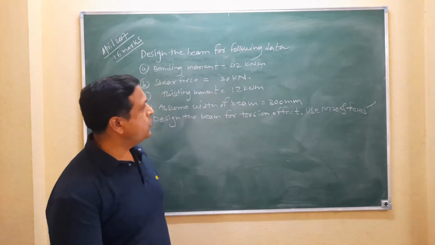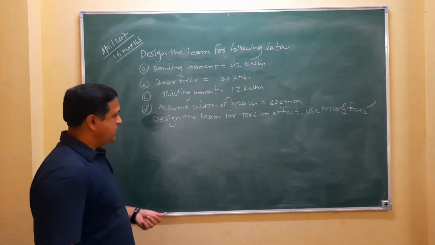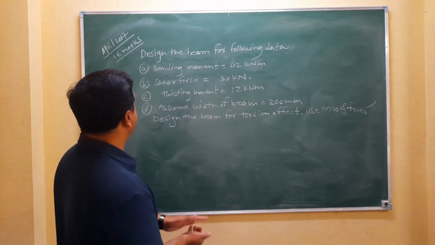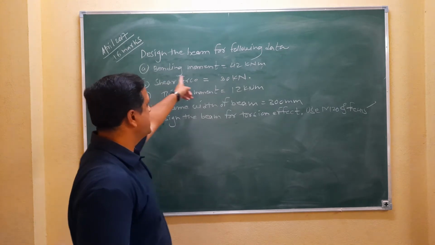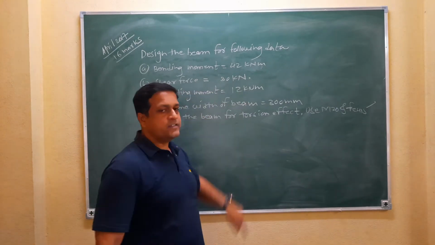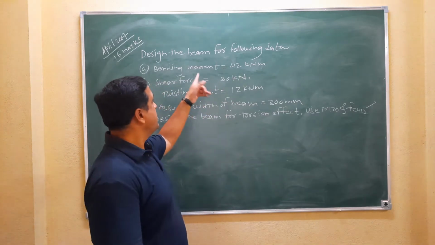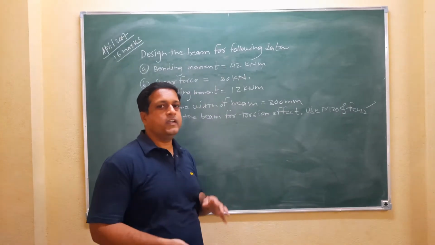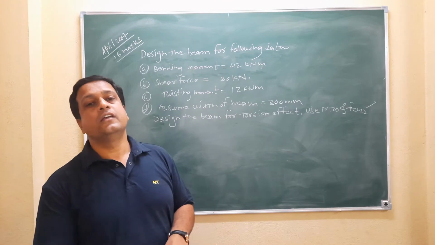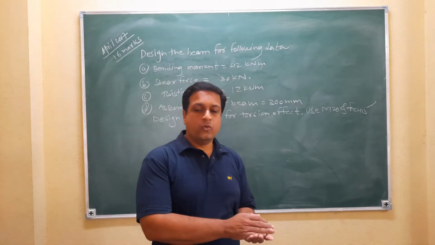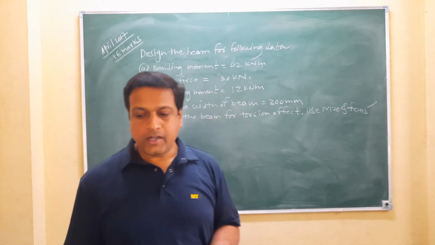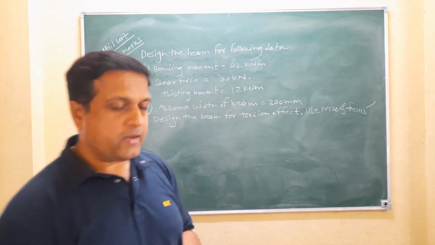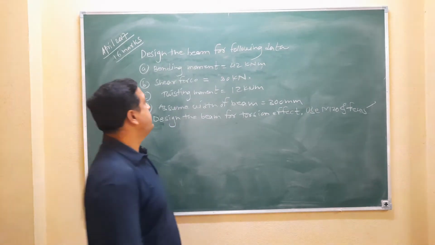First I want to alert you that the given bending moment, shear force and twisting moment are not in ultimate condition. You have to convert these values to ultimate condition by multiplying by 1.5.